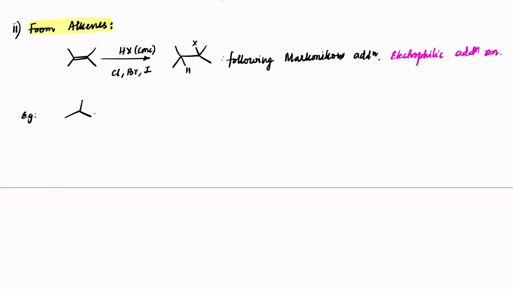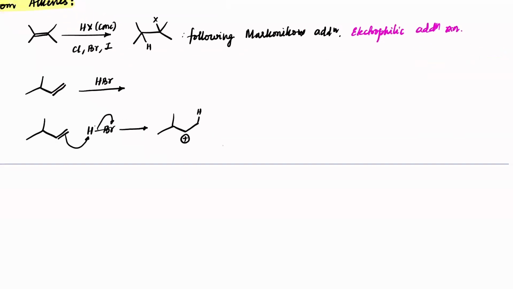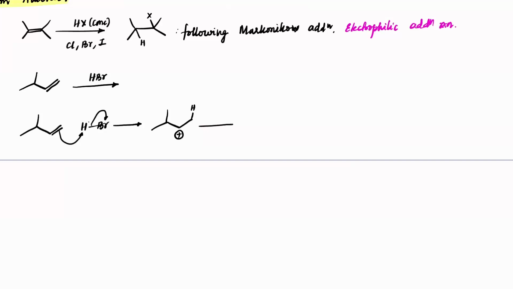Suppose you have a pi bond like this and you are reacting with HBr. Mechanism-wise, first we make an H plus addition here. The pi bond will push toward the H plus and make an H addition here, and a positive charge will come here following Markovnikov's rule. This is intermediate 1.